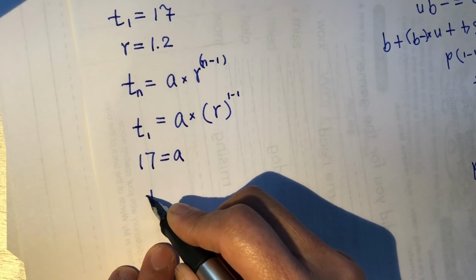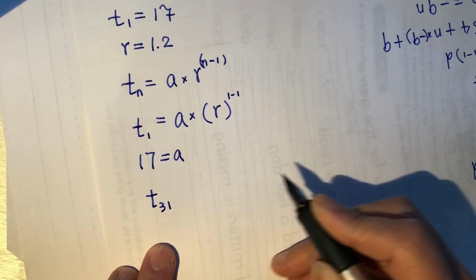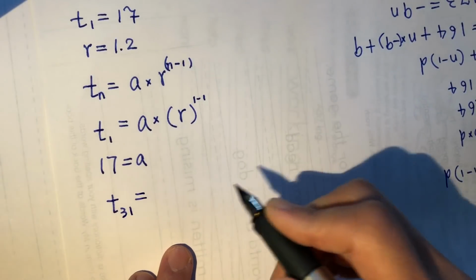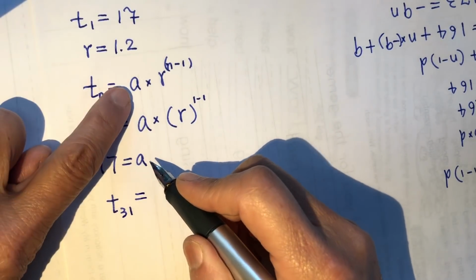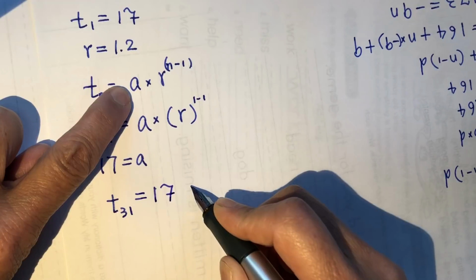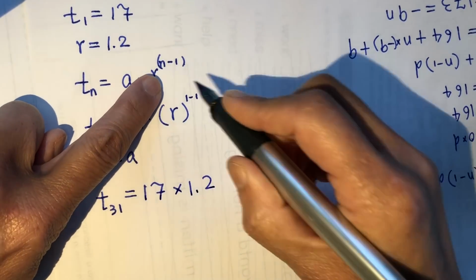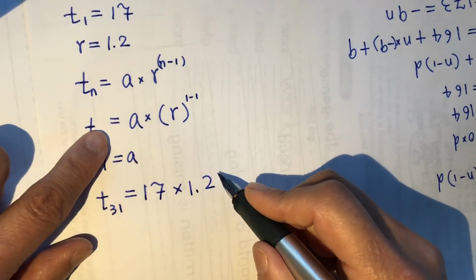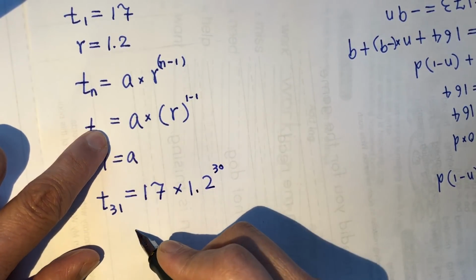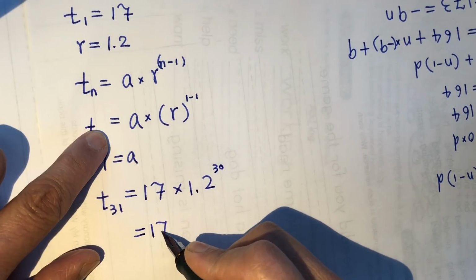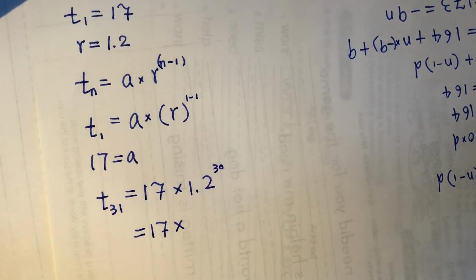So T31 equal to A, 17 times R, 1.2, to the power of n minus 1, 30. 17 times 1.2 to the power of 30, I will use my decimal calculator to do this calculation.